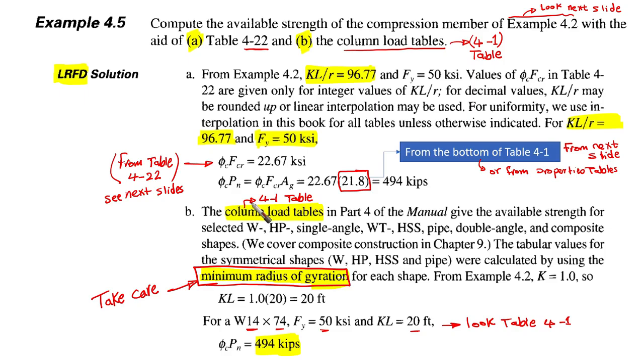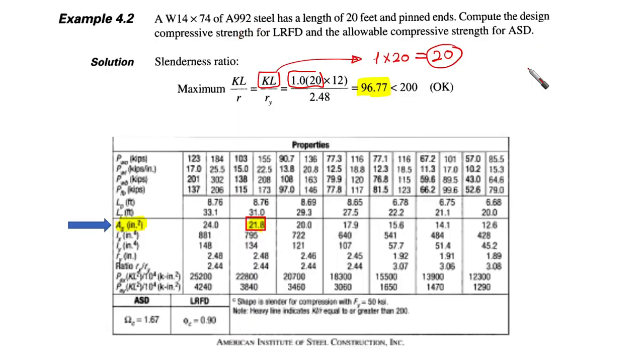So first of all we're going to use table 4-22, and we need to know what is in example 4.2, because we need to know the length and K of the member. So let's go here.